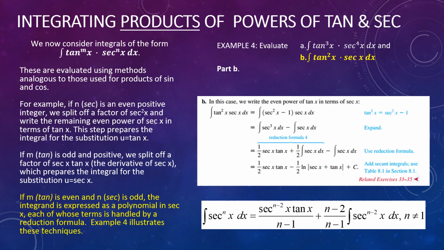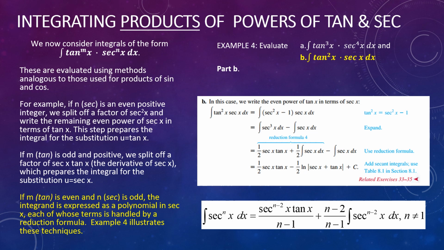We then have secant cubed x minus secant x by multiplying through. So we have two different integrals. If we use reduction formula number 4, or the last reduction formula, which is for secant, as you can see at the bottom, we get 1/2 secant x tangent x plus 1/2 times the integral of secant x, and then of course this other term is just brought down.